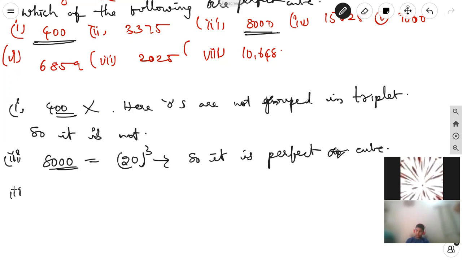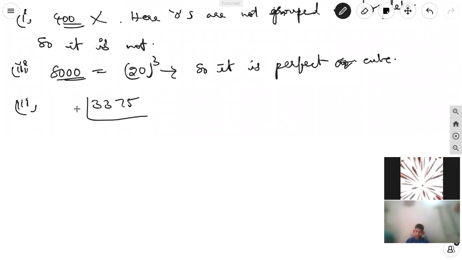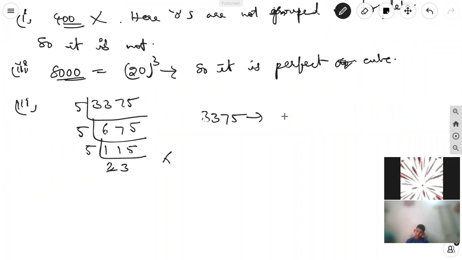Third one is 3,375. 5 means we can check with 5 only. 5 ones are 5, 5 twos are 10, 5 threes are 15, 5 fives are 25. So 5 is in a triplet, but 3,375 is not fully grouped in triplets.